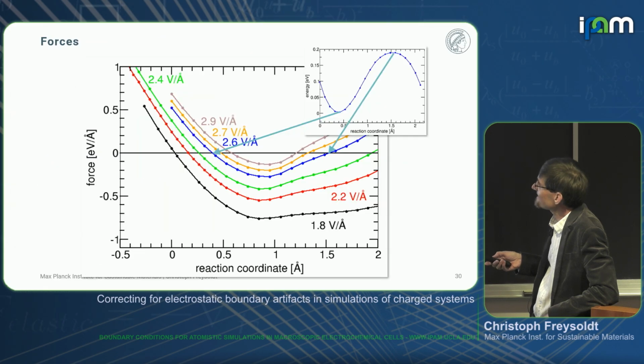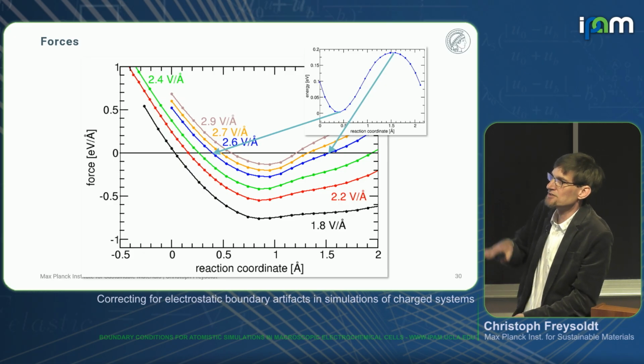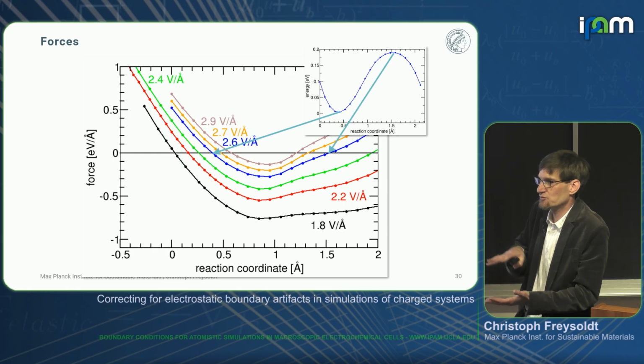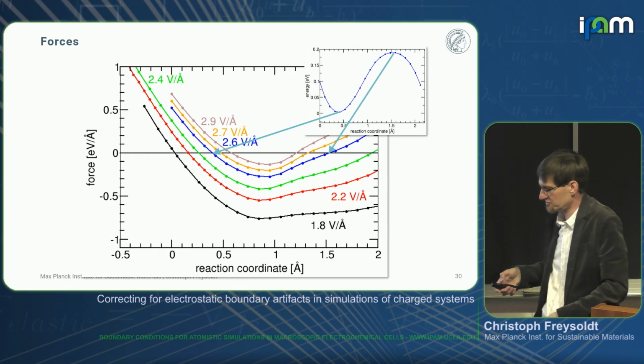Now, by just staring at these curves, you also see that close to the fields where the barrier vanishes, it's more or less a systematic upward shift of the entire curve. So basically, the field pulls on this atom in a systematic way, no matter where exactly it is on the trajectory.